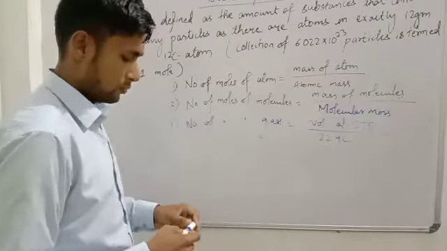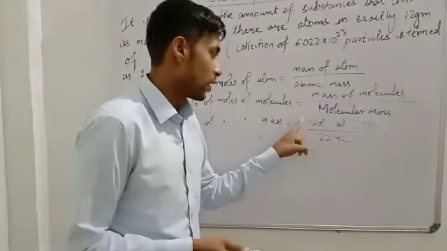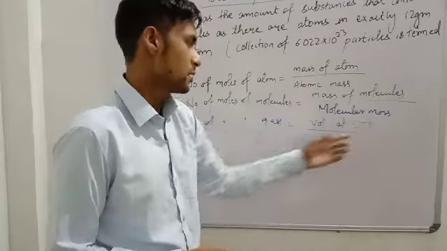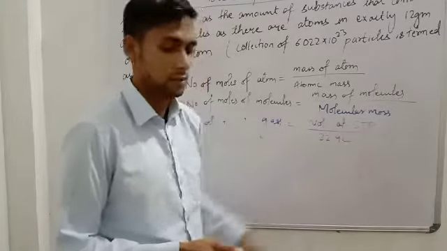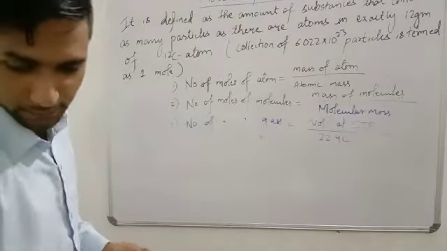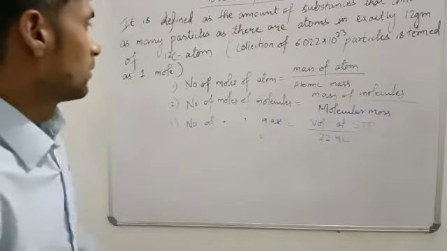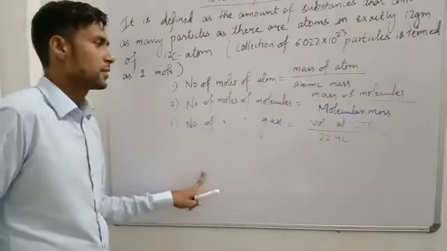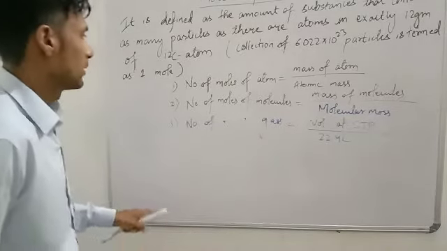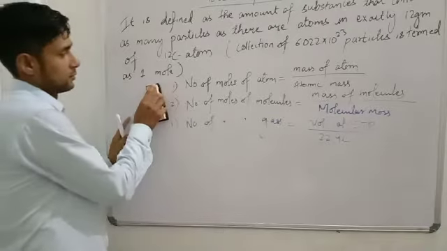Okay, so this is the given volume. Given volume of gas at STP divided by 22.4 liter, you will get the number of moles of gas. So these things you have written in your copy, I think so. So take one screenshot, then copy afterwards.